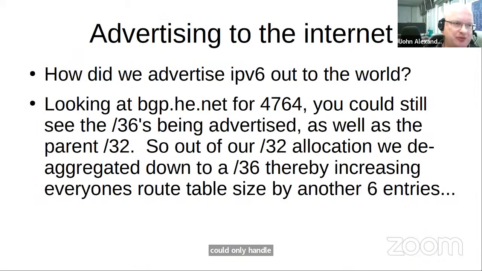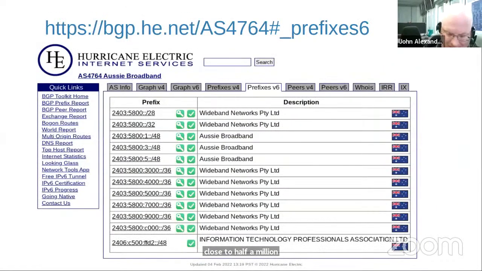So we decided we needed to get more IP space. We applied to APNIC for a /28, and we managed to get it. You can see here I was advertising the /28 through HE, but you could also see the /36s.